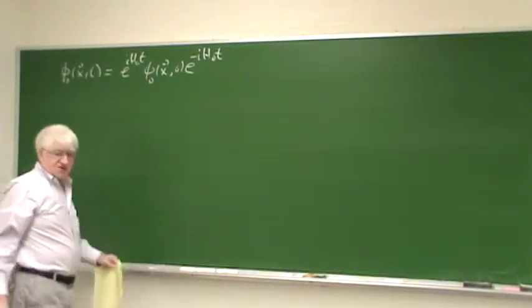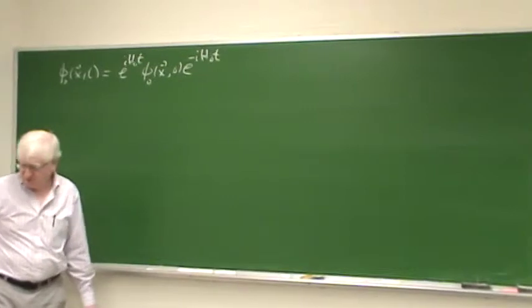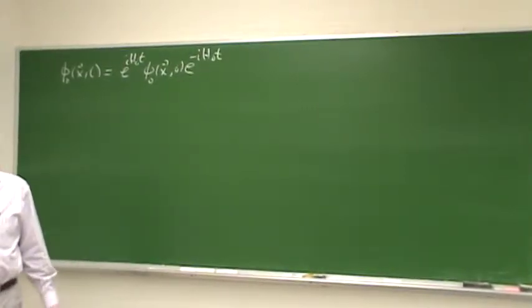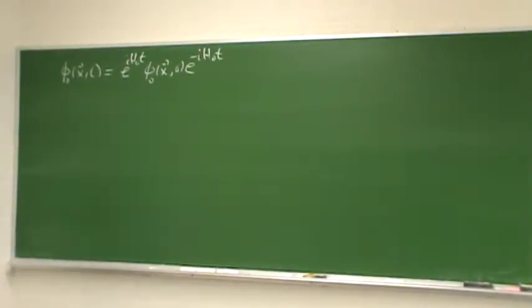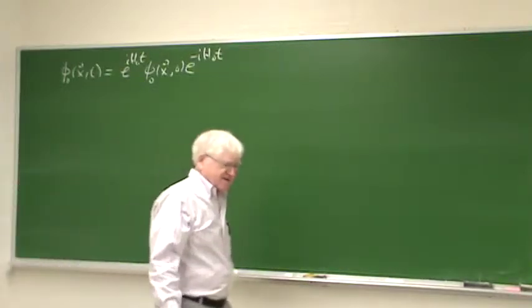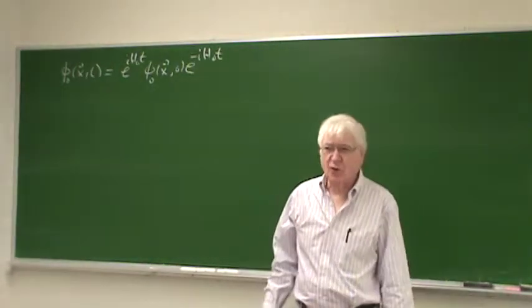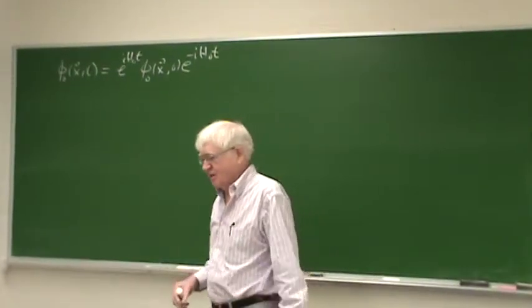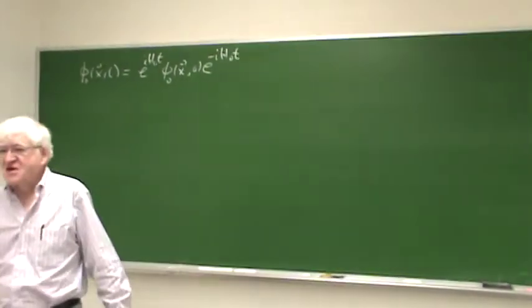In other words, H0 is the free Hamiltonian, and phi 0 is the free field. Sometimes I'm going to leave the zero off the free field if we're basically in free field land.